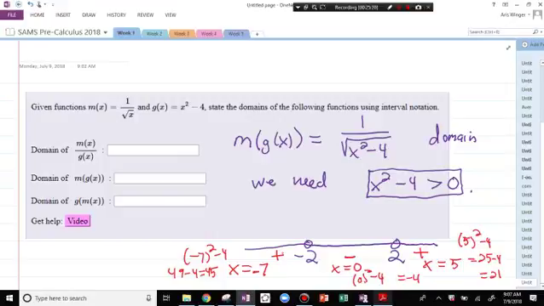There are all sorts of things you can do. The point is that the domain is all of these union with all of those. Anything between -2 and 2, when you square it, is going to be less than 4, makes this a negative.